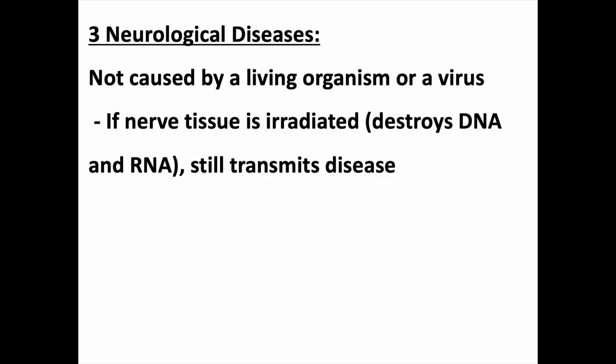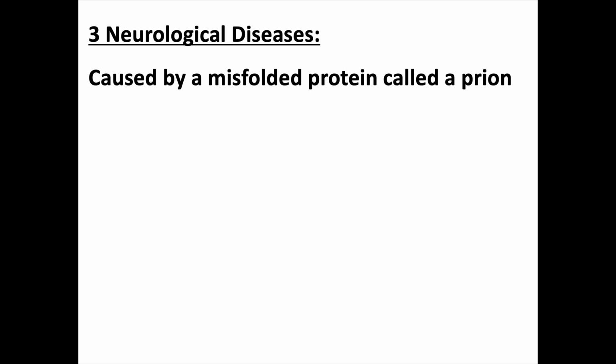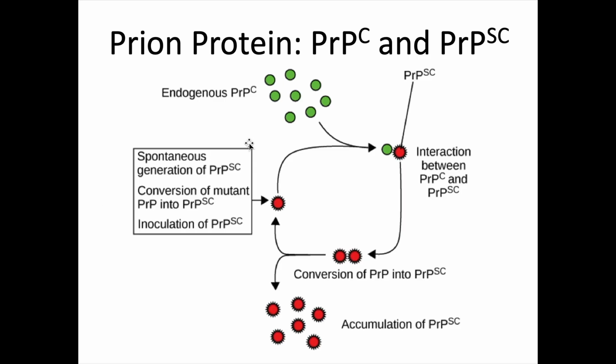What we now understand is that Kuru and scrapie and mad cow are caused by a protein, specifically a misfolded protein that we call a prion. It's thought to behave like this. All vertebrates have normal prion protein present in our nerve tissue. However, the disease version, it's the same protein, it has the same amino acid sequence, it's just folded in a different way.